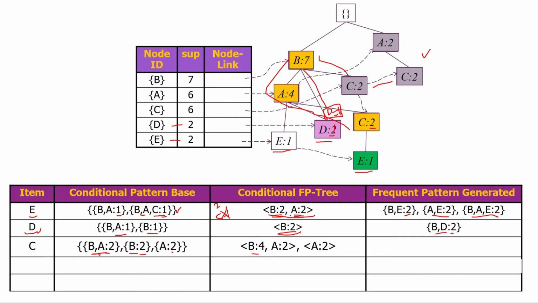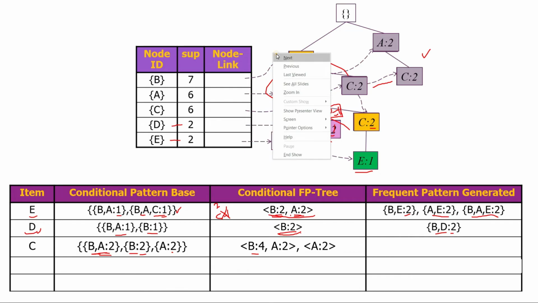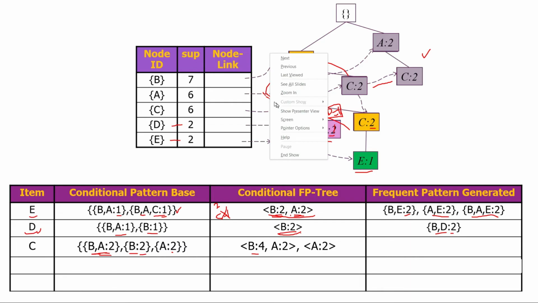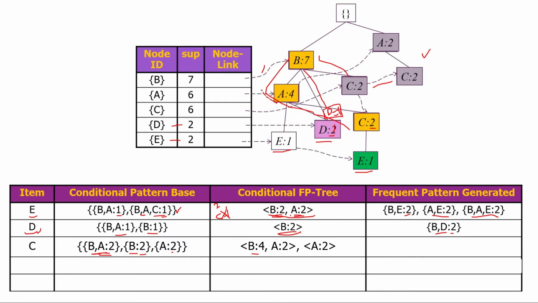And similarly A2, as it occurs in this path of C, and for this other path of C we get this A2.